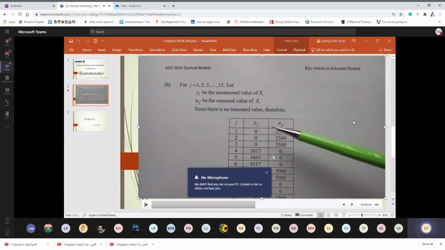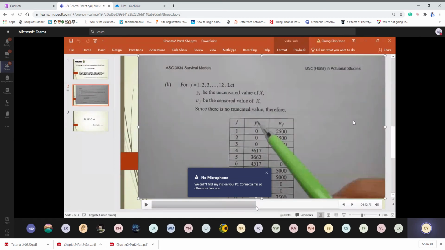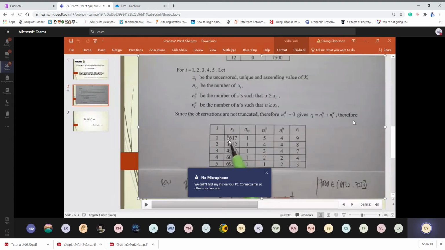Okay, from the original data, this 250, 5,000 and 7,005 now you have to take out from the uncensored value to become the censored. So that means now you have this data, and of course this one you can convert to another table, that is your X becomes distinct.